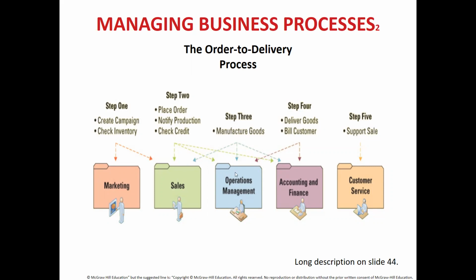Once that is done, the accounting and finance team, with the help of the sales team, will get the goods delivered. The sales department will get the goods delivered to the customer, and they will track the delivery of the goods and bill the customer accordingly. And the last step is the customer service team. They basically provide support for the sale that the entire business has just done.